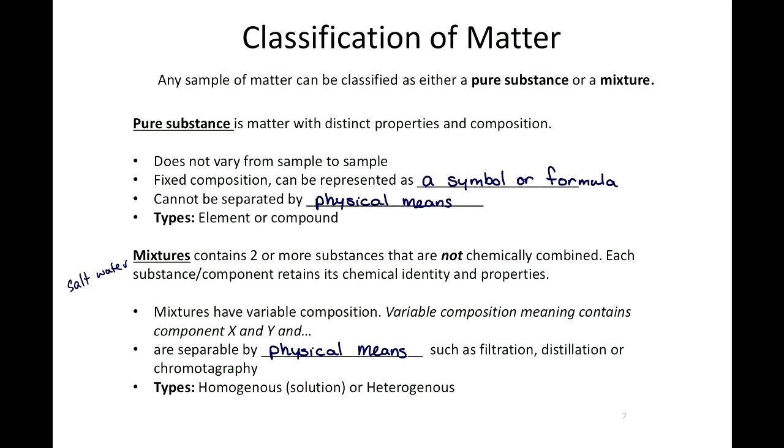Boiling it. So what would boiling the sample of salt water do? Yeah, the water would leave and the salt would stay. So just boiling it away allows us to separate those pure substances back into their pure forms. The water is now over here, the salt is still in the beaker. So that's the big difference between mixtures and pure substances.